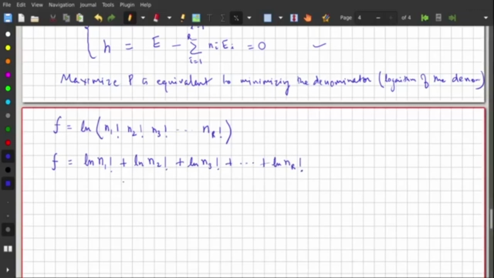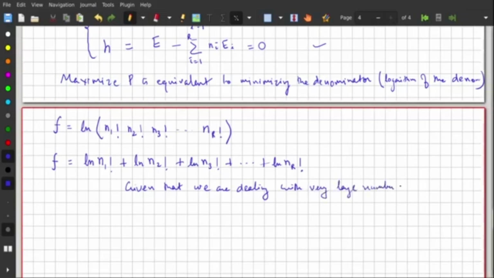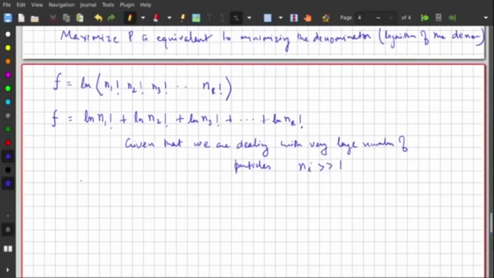Now, given that we are dealing with a very large number of particles, any arbitrary n sub i is much larger than 1, and hence we can use Stirling's approximation. So here we will use Stirling's approximation.